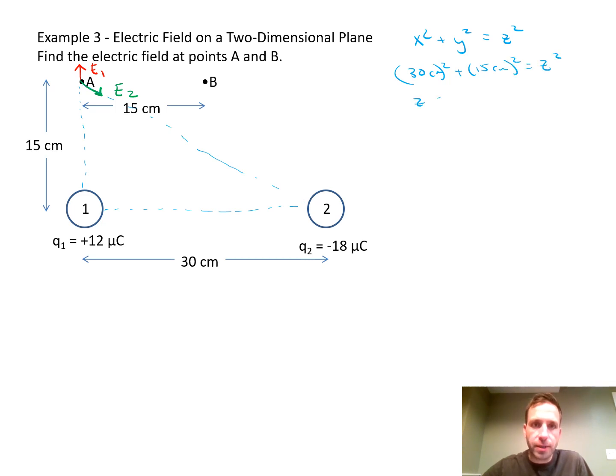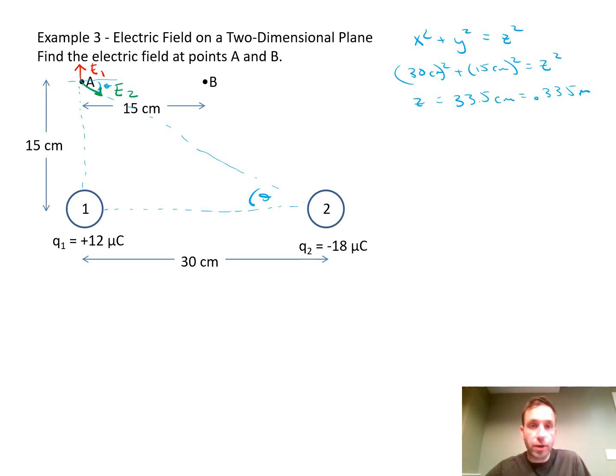And so that distance between charge 2 and point A is going to be 33.5 centimeters or 0.335 meters. Now this angle here is going to be the same as the angle between the x direction and E2, because those are both alternate interior angles.